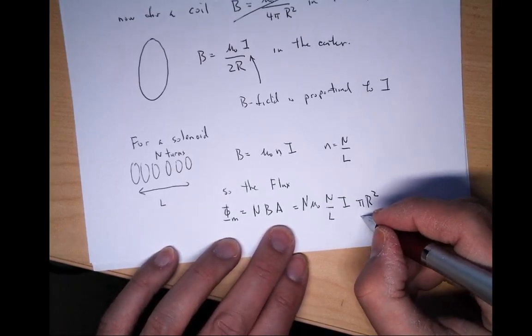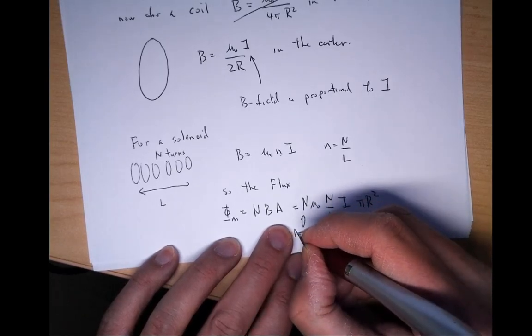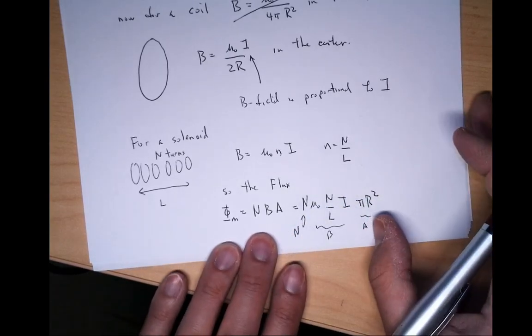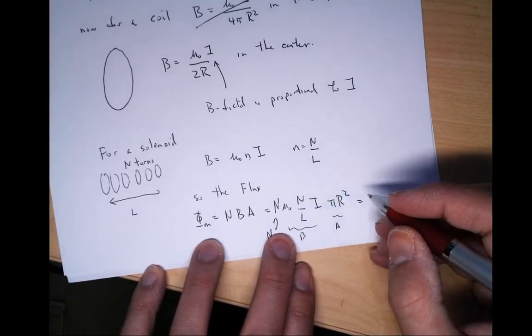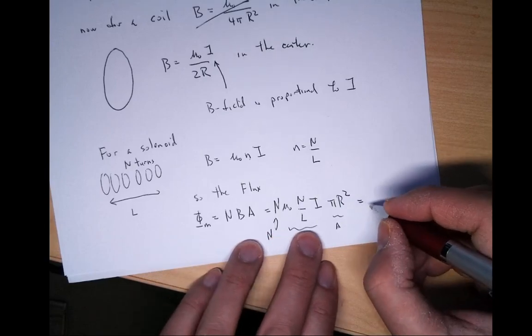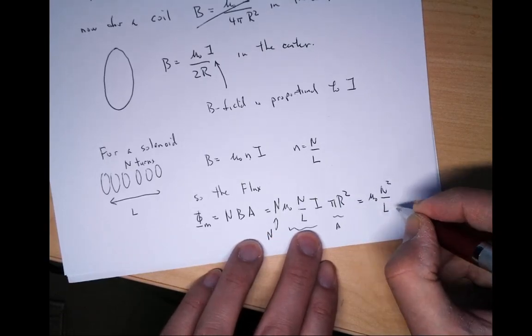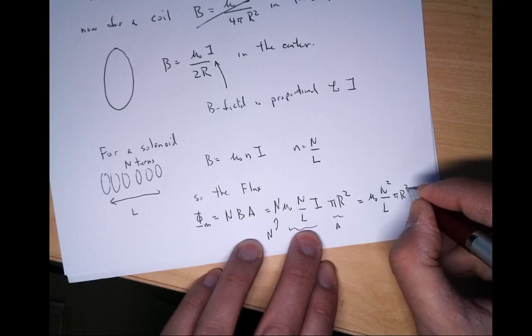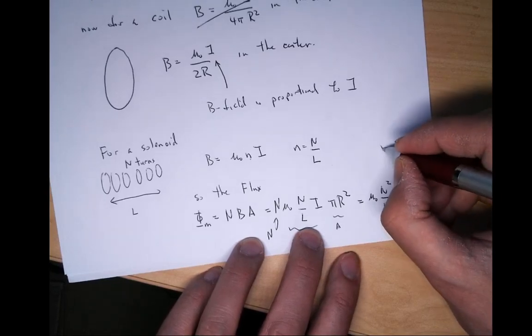So that's A, that's B, and that's N. Again, this is only proportional to I. We can simplify this a little bit: mu 0 N squared over L, pi R squared, times I. So again, proportional to I.